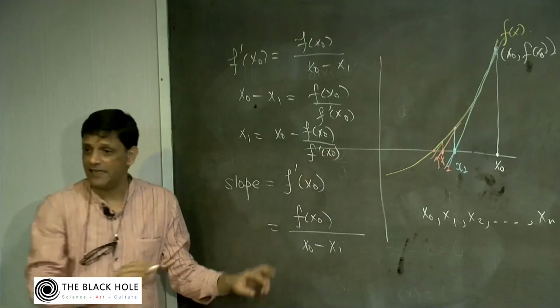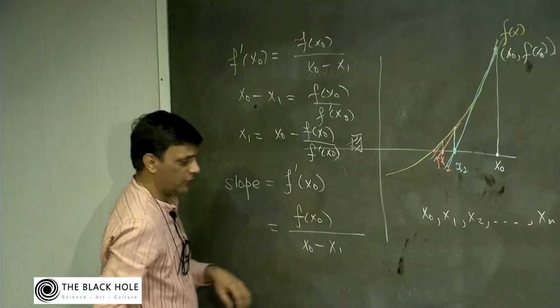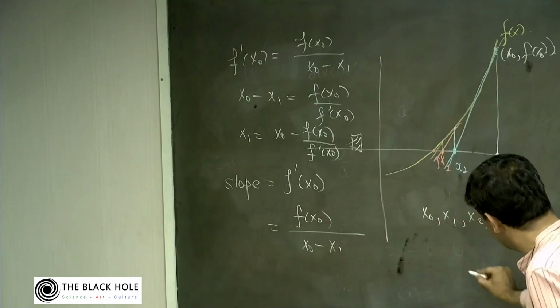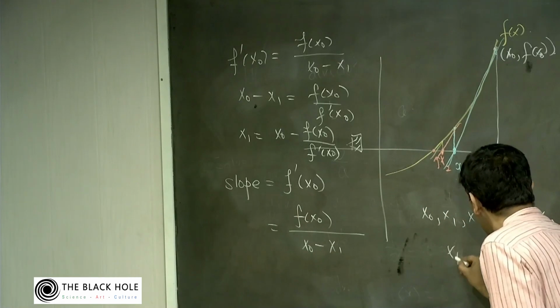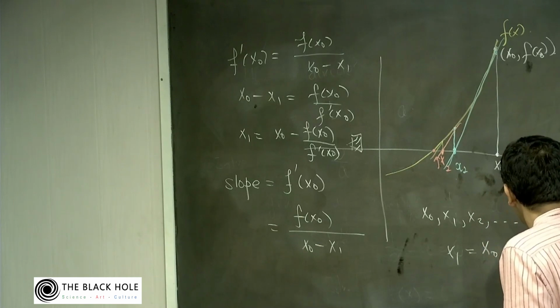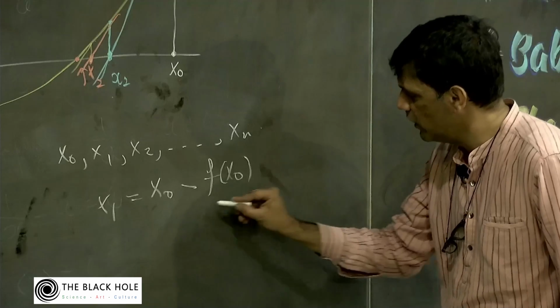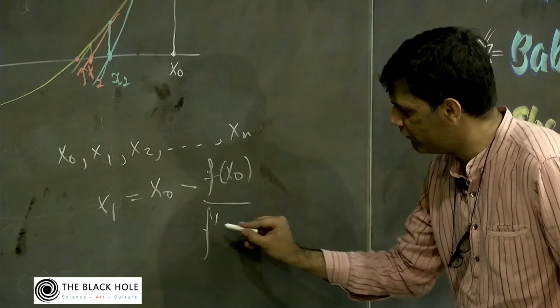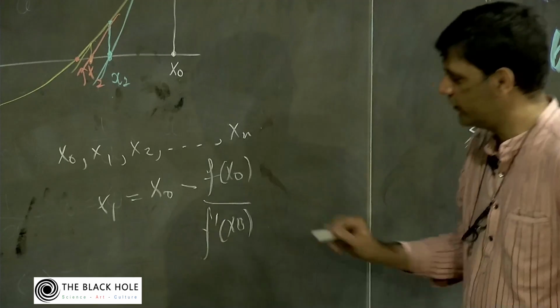Is my algebra correct? Okay, let's write down that result here. We are computing x1 as x naught minus f of x naught over f prime of x naught.